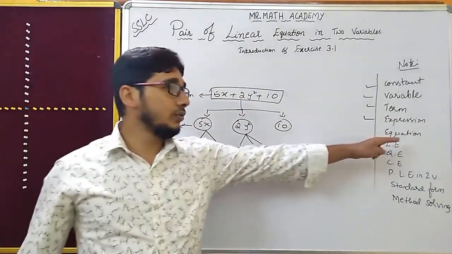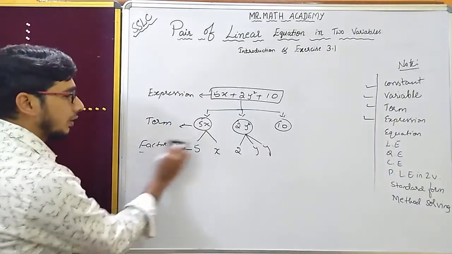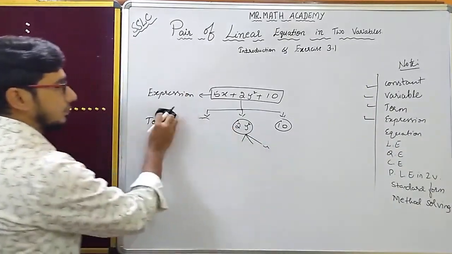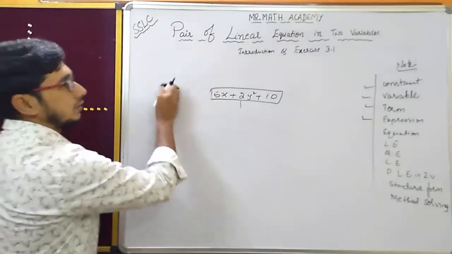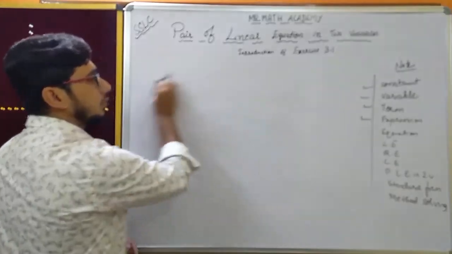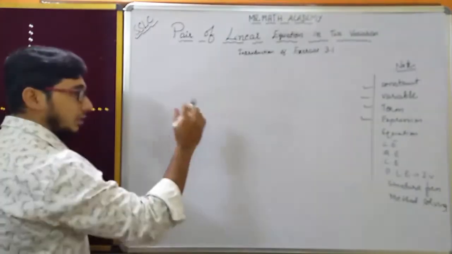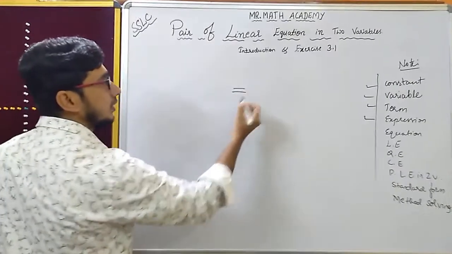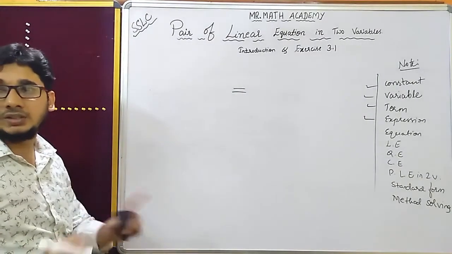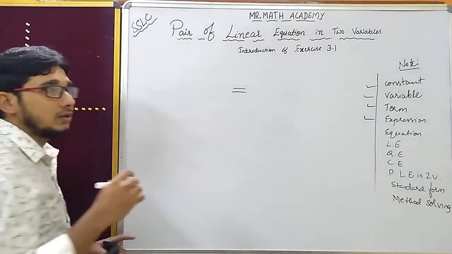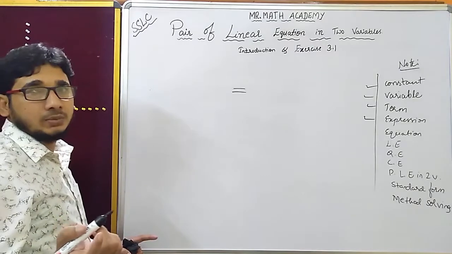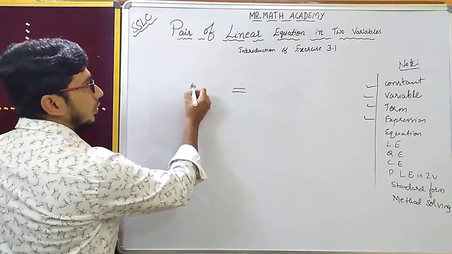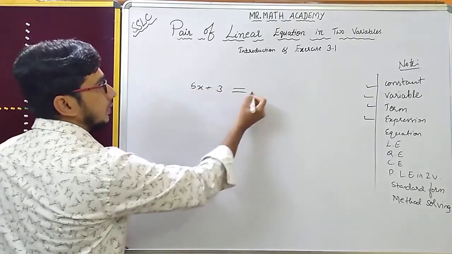Now let us go for equation. What does equation mean? I'll tell you. An equation is something where the equal symbol should be there, and the LHS and RHS values should be there, with constants and variables, everything. 5x plus 3 is equal to 10.